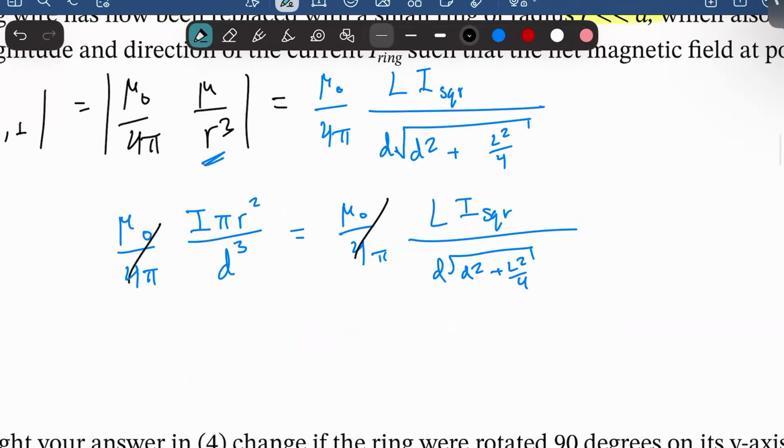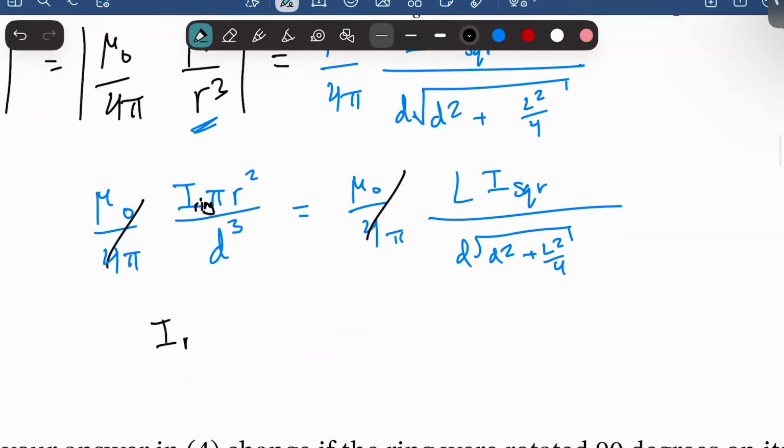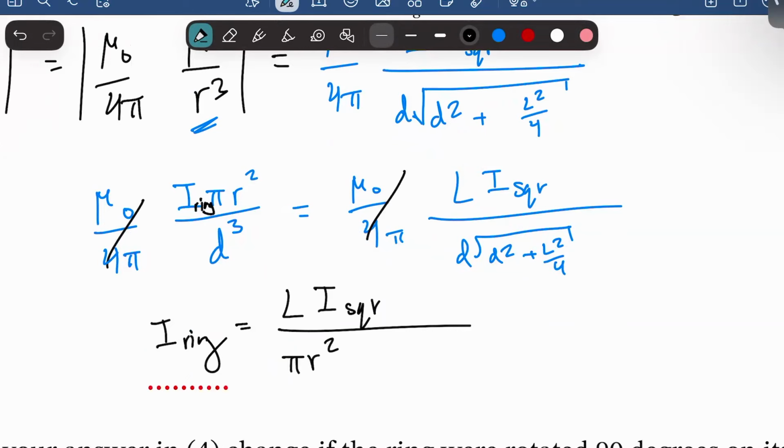So we are looking for I, the current flowing through the ring, so I ring. We see that I ring is equal to L I squared over pi r squared times d times the square root of d squared plus L squared over 4, and we have d cubed in the numerator here.